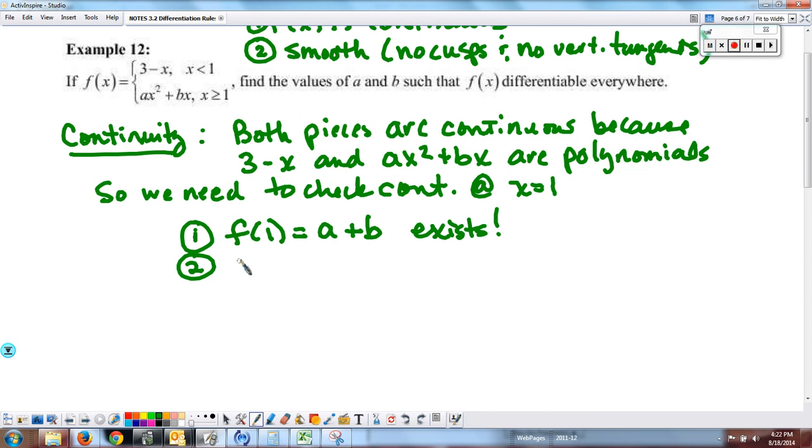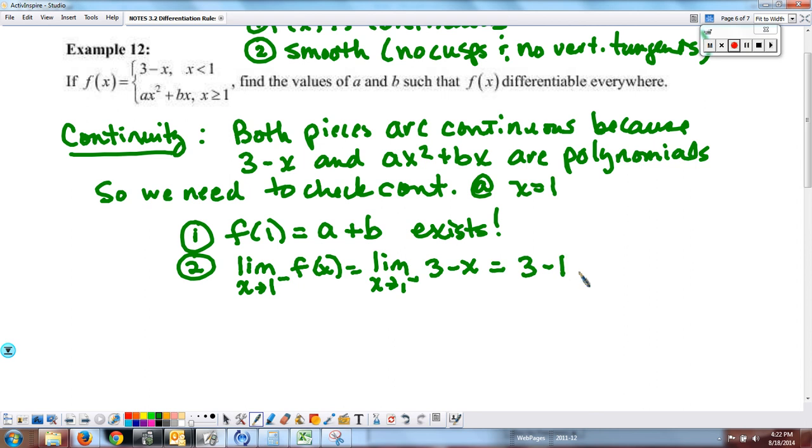So I'm going to check the limit as x approaches 1 from the left of f of x. On the left side, we're going to be using the piece for x less than 1, so the left piece would be 3 minus x, which would be 3 minus 1, or 2.